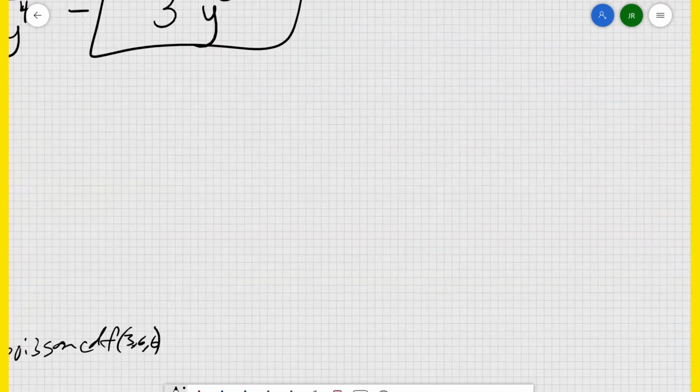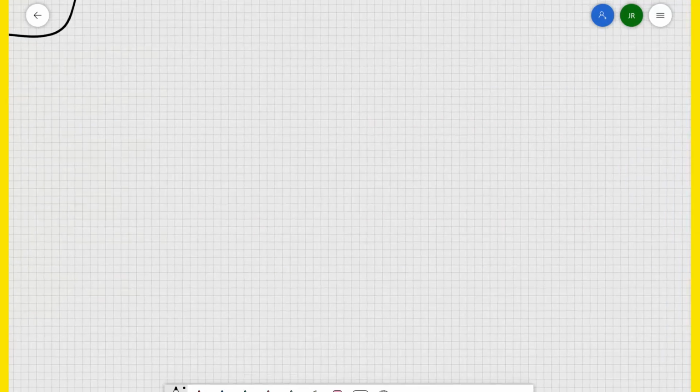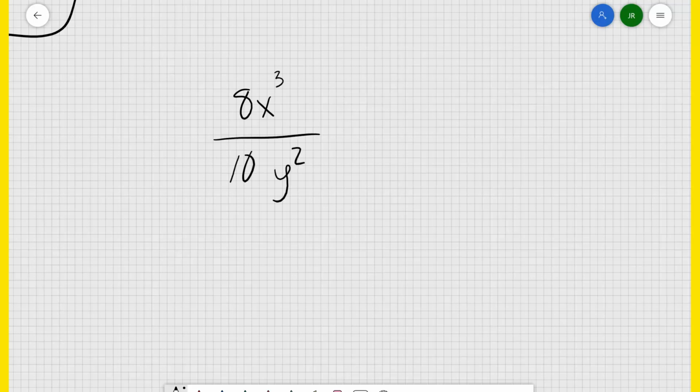How about 8x to the third over 10y squared times 15x squared y over 12. How about x to the seventh, and leave it at that.